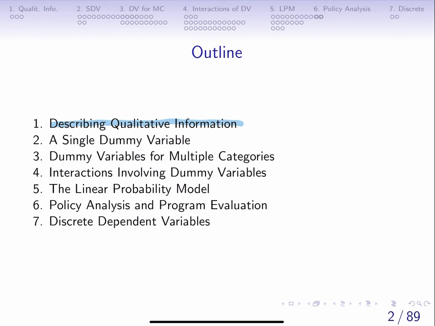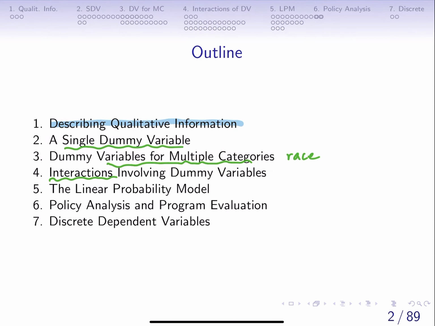We will talk about how to work with a single dummy variable in our regression, and also how we construct dummy variables when we have multiple categories for a variable, for example, race. We will also introduce interactions that you're familiar with by now in regression analysis and how those would be useful for us.